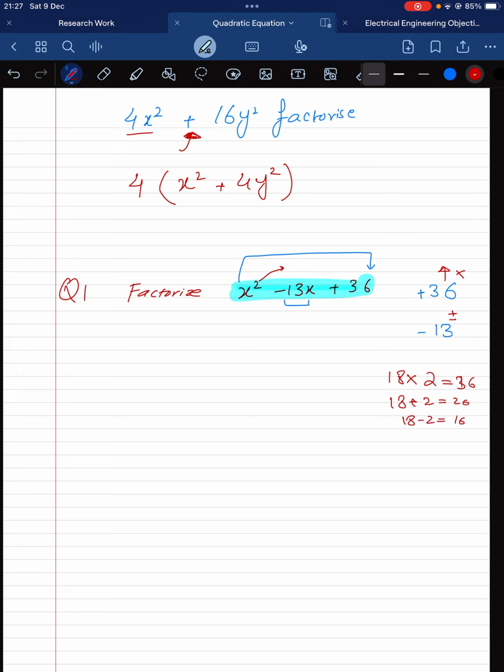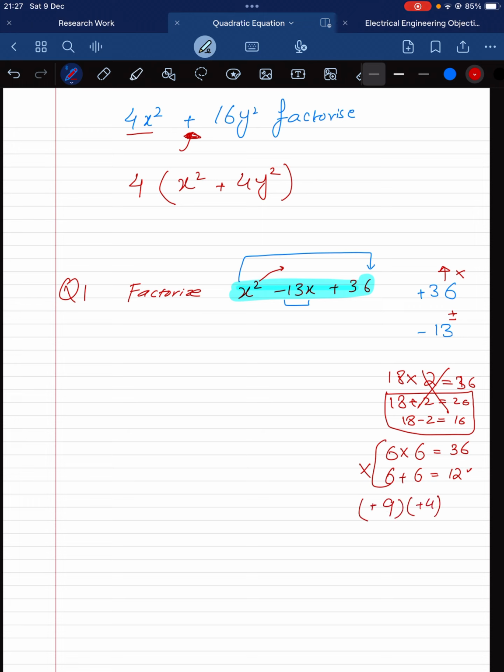So it's not fulfilling my requirement, so this is not possible. What else can we do? We can think about 6 times 6, it gives 36. When you add 6 and 6 you will get 12, but we need 13, so this is also not possible. So now we think about 9 and 4.